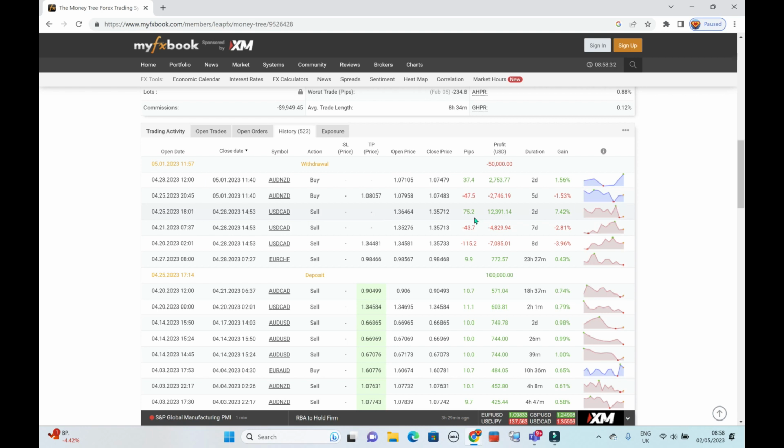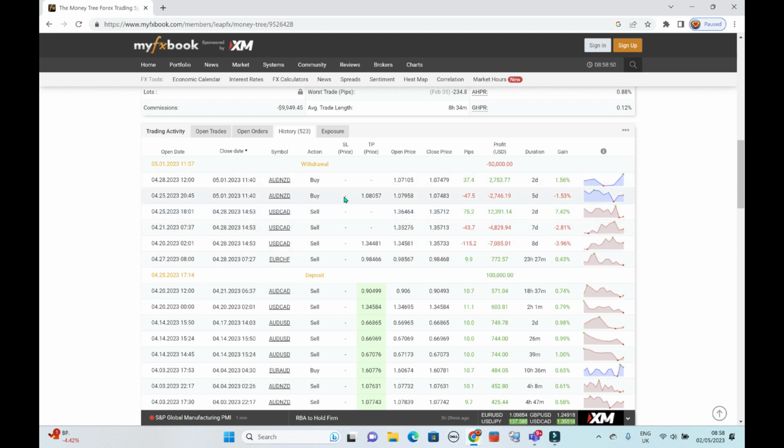This one was 22.31 lots. So there were multiple recovery trades: first one 8.33, 14.97, and then this one 22.31. And usually closed out in profit.